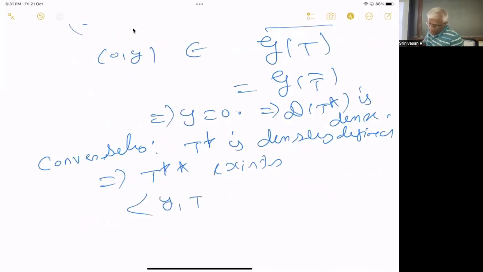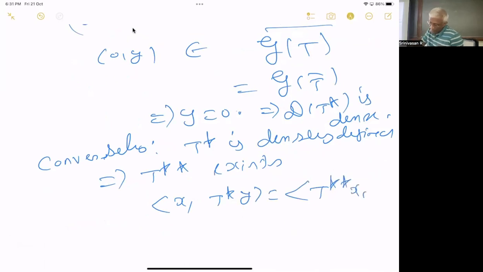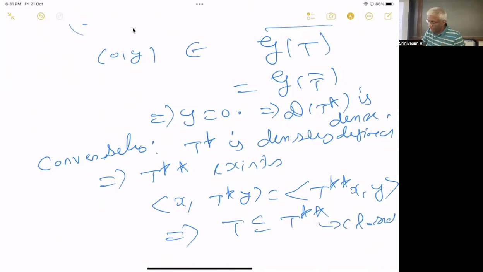The inner product of Tx with y equals the inner product of x with T star y. This implies T is contained in T star, right? By the definition, we already noticed this. But T star, we have already proved that the star of anything is closed. So this is a closed operator. So this implies T is closable. So T is closable is equivalent to saying T star is densely defined.